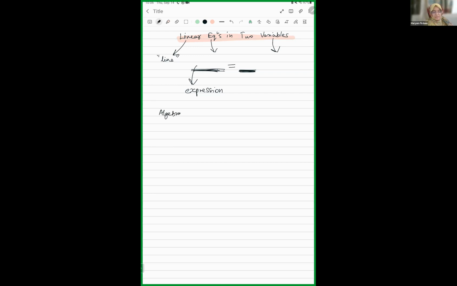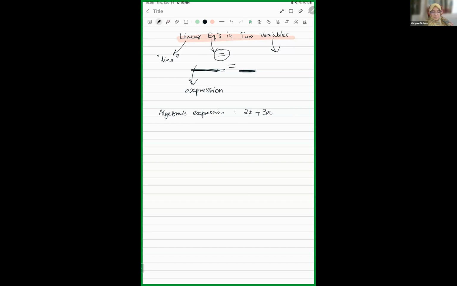So an example of an algebraic expression is 2x plus 3x. When you put the equal to sign in any expression, it becomes an equation. Right now we're only talking about expressions, so we won't take that into consideration.